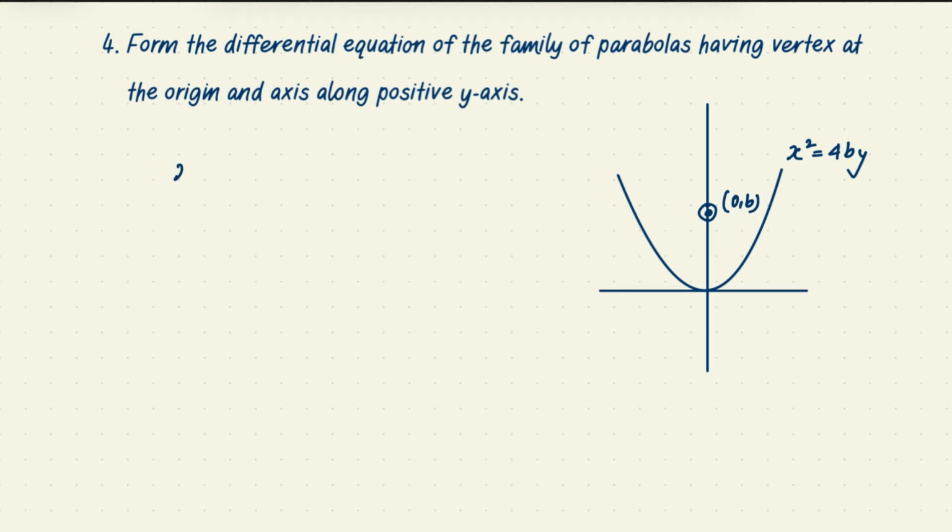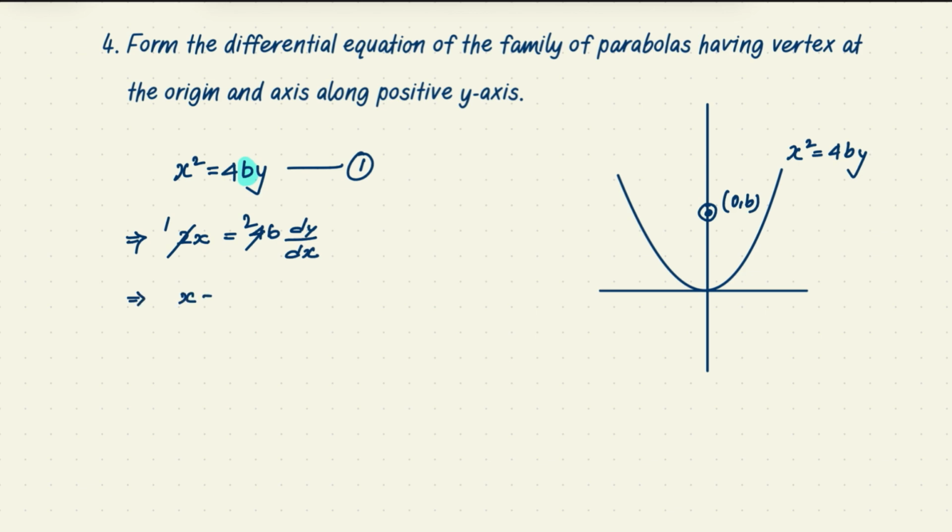Anyway, we got the equation of the parabola, that is x^2 = 4by, and since this equation contains one parameter, that is b, we will differentiate this equation one time. So differentiating both sides with respect to x, we will have 2x = 4b, b is constant, the derivative of y is dy/dx. So here 2 and this 4 got cancelled.